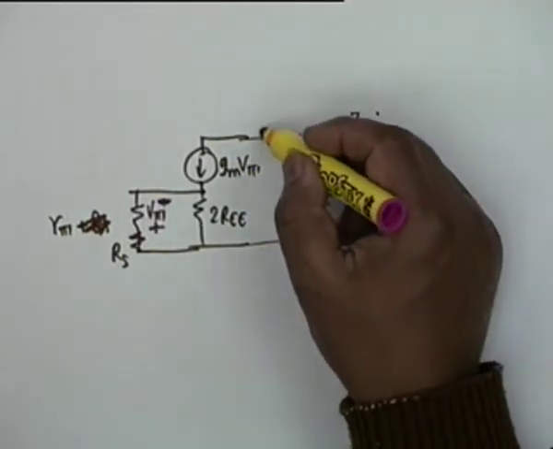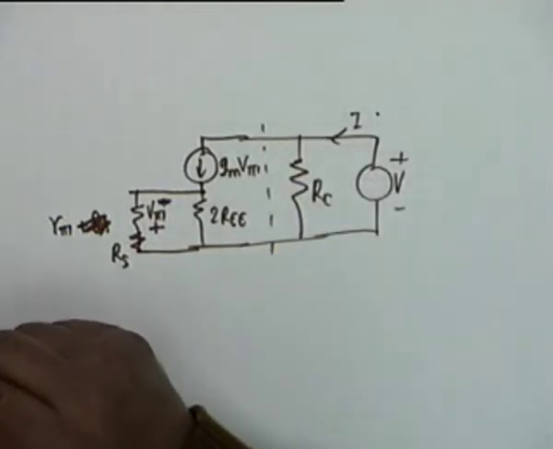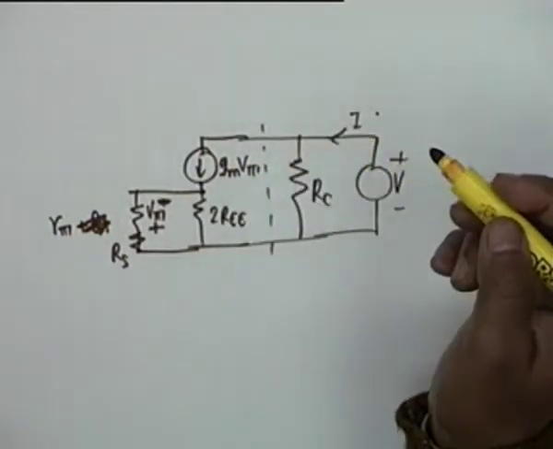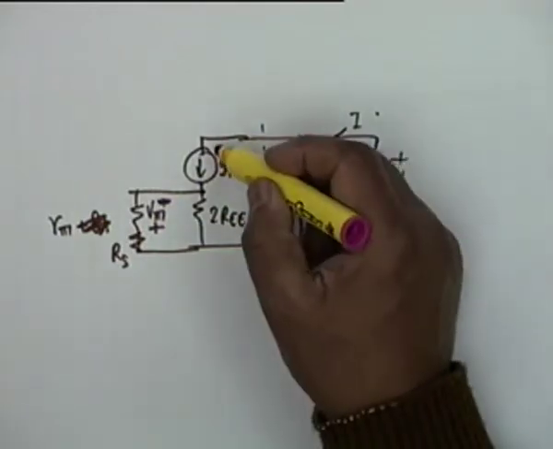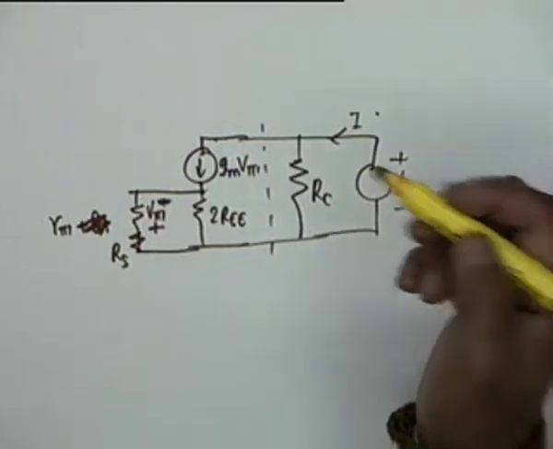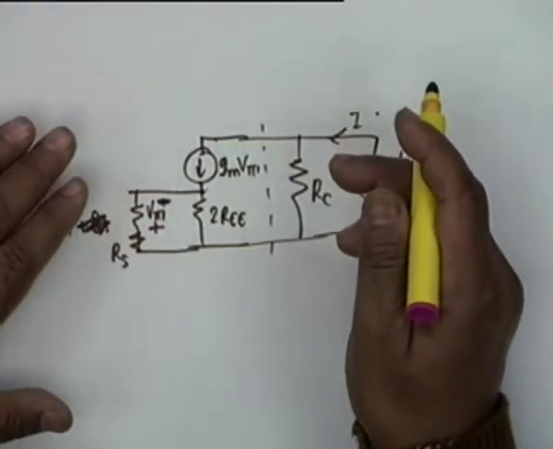this current, can it have a component here? Can this current flow here? What is the input impedance? What is the impedance of the current generator? And there is no source on the left hand side.